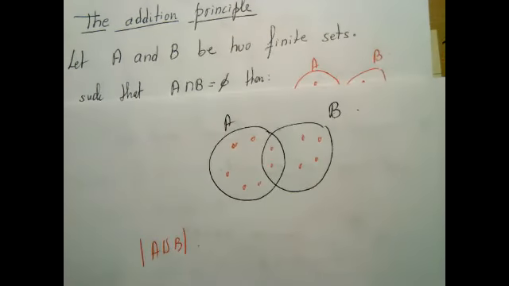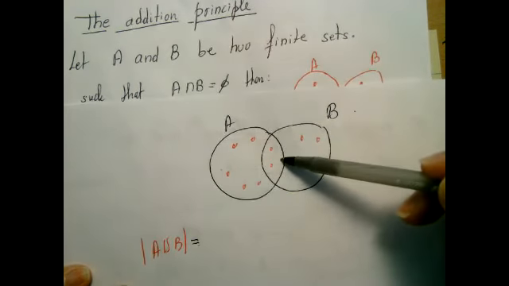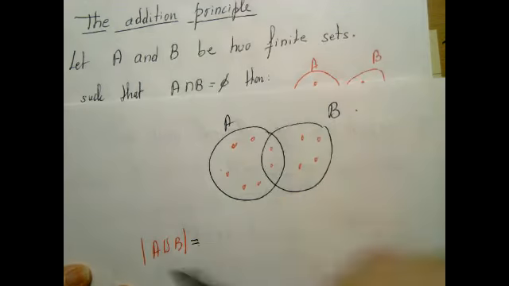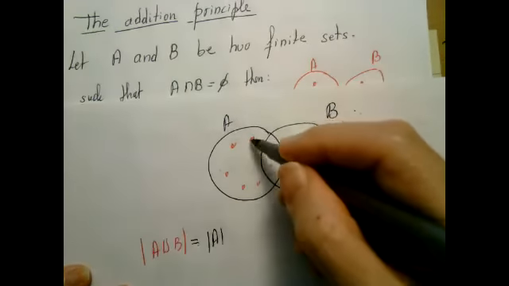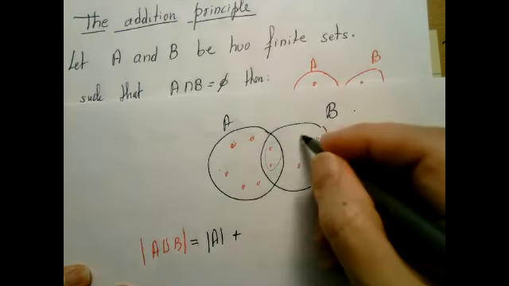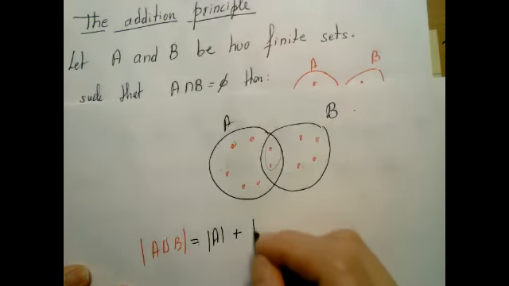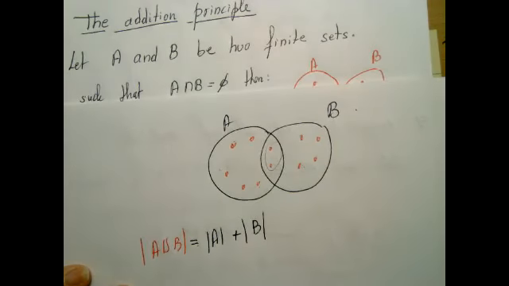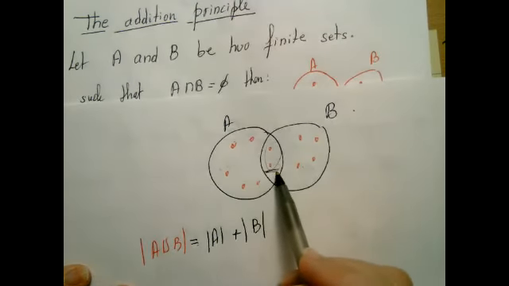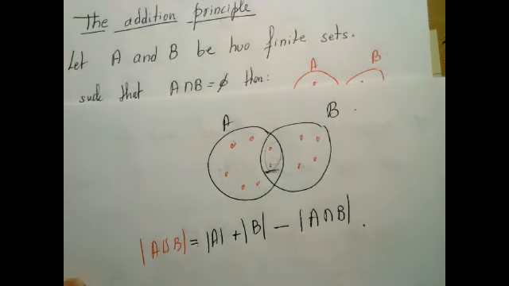Again, I'll do it intuitively. It's everything in A, so you count those, including the 2 in common. You add everything in B, but then you're counting the intersection again. By doing this, you're counting the intersection twice, so you have to take away the cardinality of the intersection.